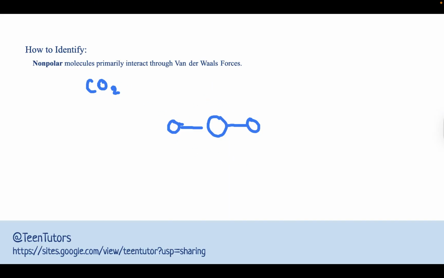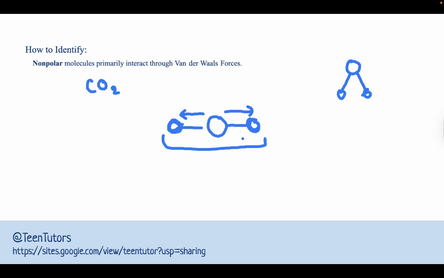Now, oxygen has more electronegativity than carbon, and so it's going to attract and hoard more electrons towards the oxygen, and this is also why its structure is like this, as opposed to something like this.